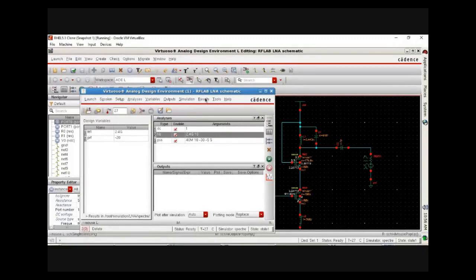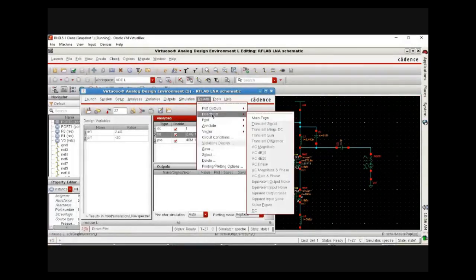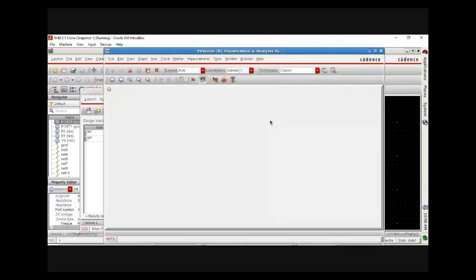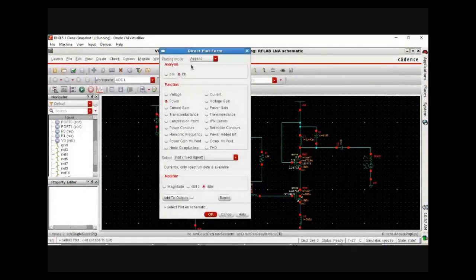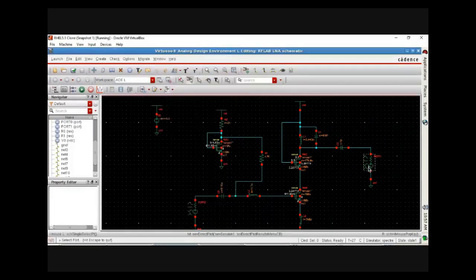So let me just go and see the results here in the direct plot. Going to the HB, I'll just replace. What I'll do here is take the power and select the port. If I click the port, I should get the output components here in dBm. All right, so I'm just clicking it here.